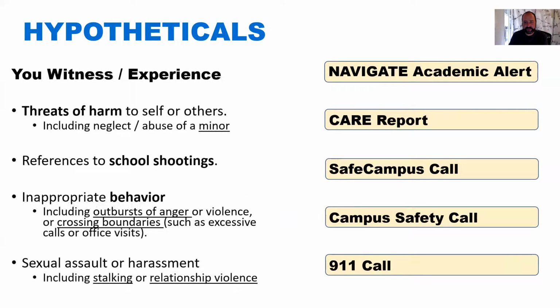The next category is the Safe Campus calls. This is when you witness or experience threats of harm to a student. They're kind of threatening to hurt themselves, or they're threatening to hurt others.